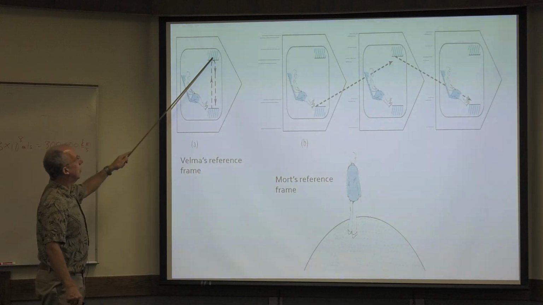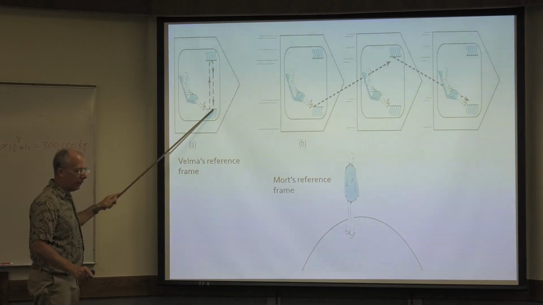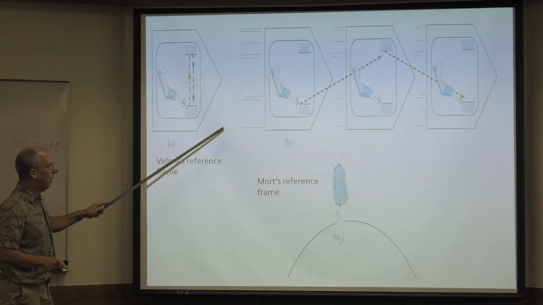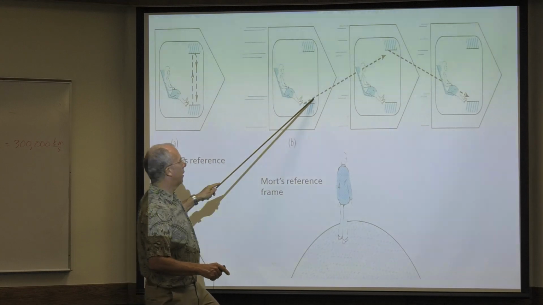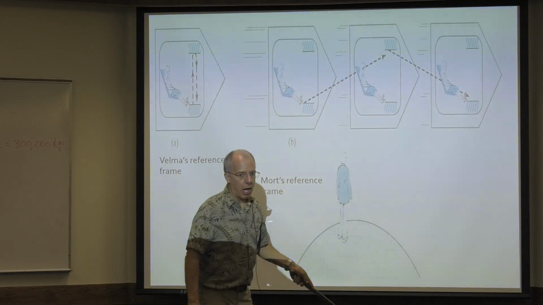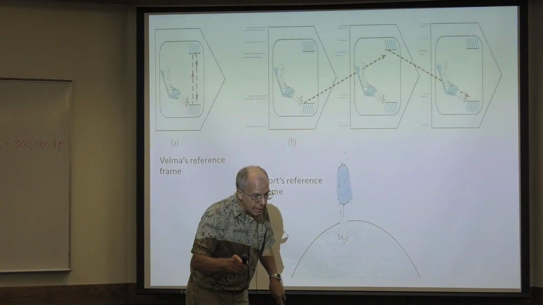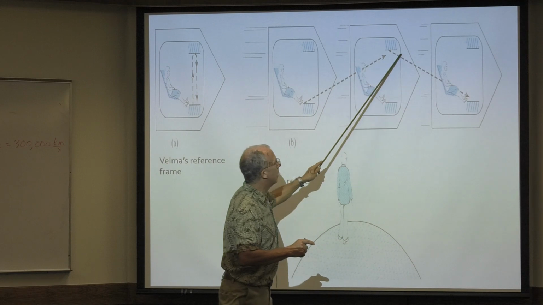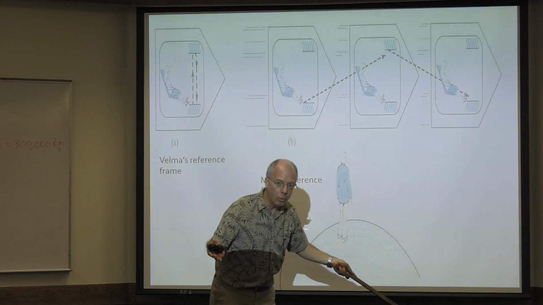So Velma says the distance is 300,000 kilometers, speed of light, 1 second. Mort says the distance is greater than 300,000 kilometers. Same speed. So therefore, the time to do this is more than 1 second.